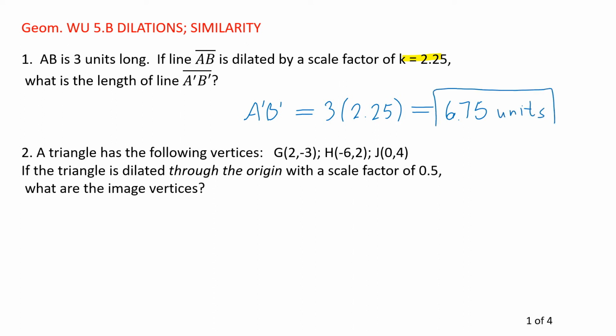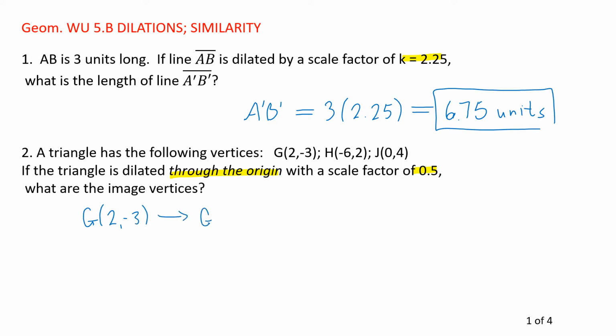Just multiply. A triangle has the following vertices. If the triangle is dilated through the origin, that's good, because that means all I have to do is multiply. With a scale factor of 0.5, what are the images? So you start with the pre-image, 2, -3.